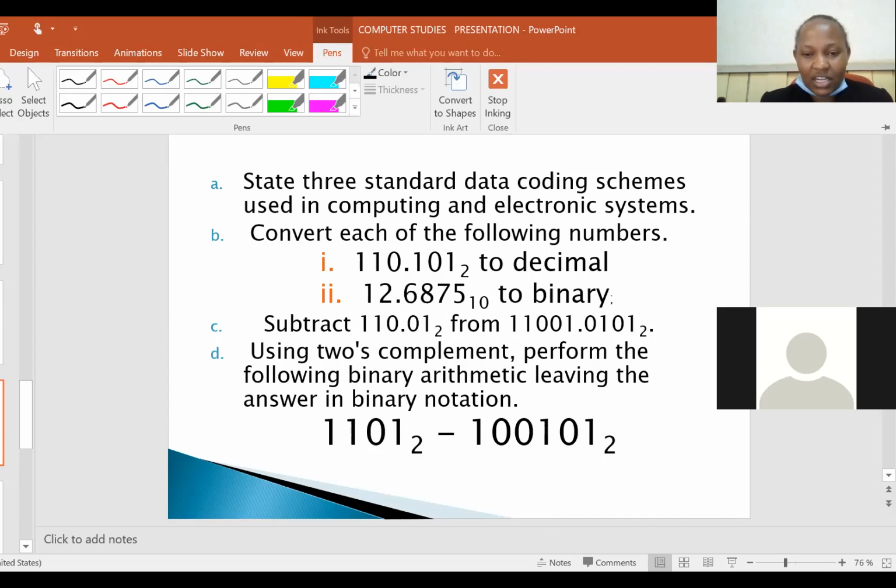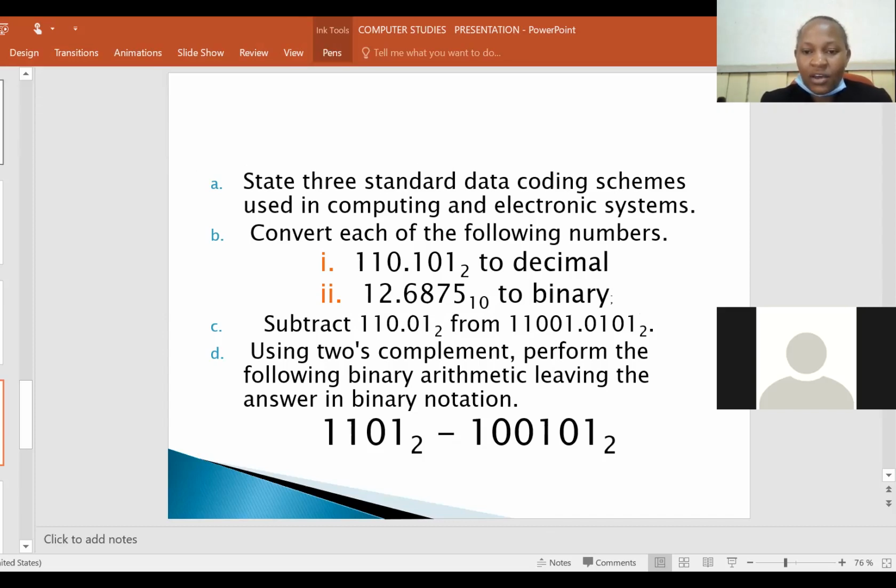This one is already in binary. So the only thing using two's complement, this binary combination, you change it to one's complement, you change it to two's complement, and then what you get, you add it to these digits. So at that point, you will be able to check your answer.